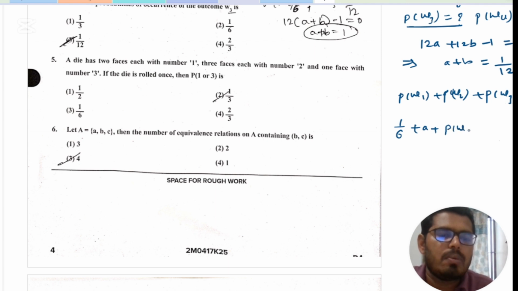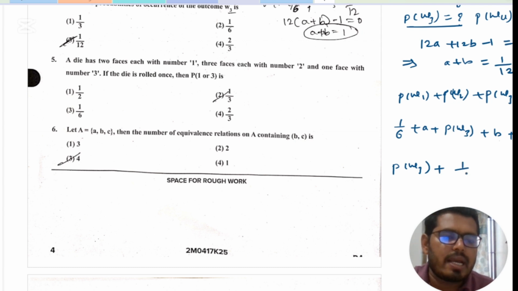Next P of W4 is B and P of W5 is 1 by 12, is equal to 1. Okay, now see, A plus B is equal to 1 by 12. Therefore P of W3 is equal to 1 by 6, A plus B total is 1 by 12, plus 1 by 12, which is P of W5, is also equal to 1.